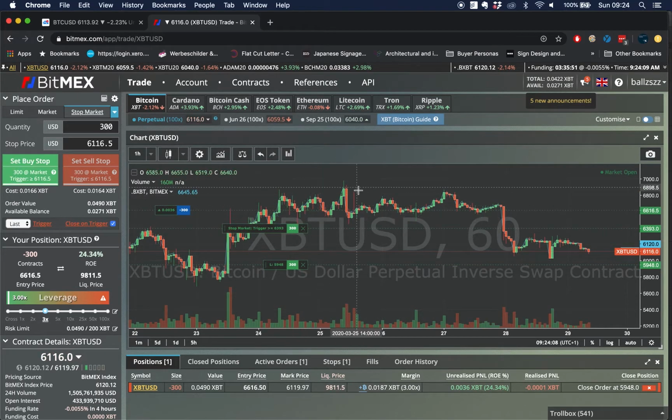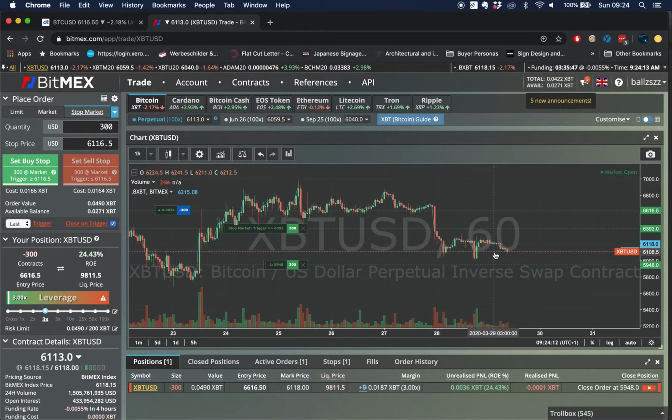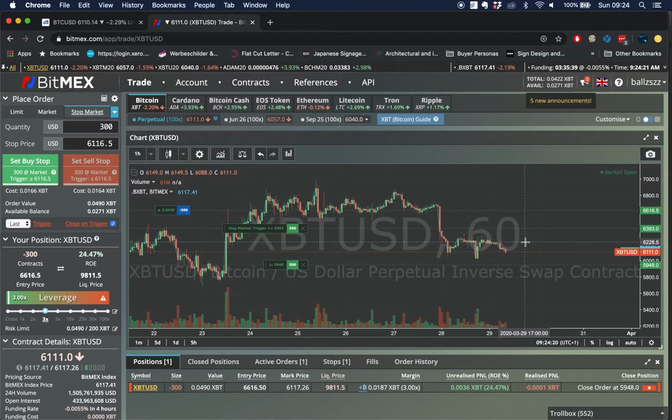When it ranges in a channel like this and starts to bounce around in another horizontal channel, I believe that usually what happens is someone will send it. When I say someone, you just usually see these really large candles.